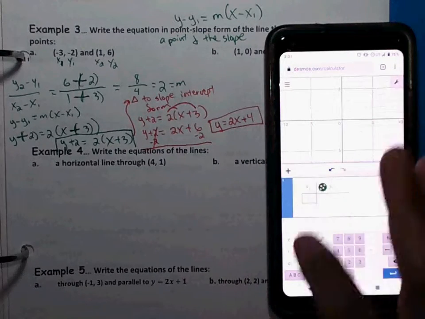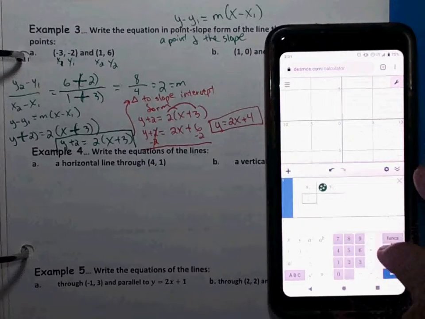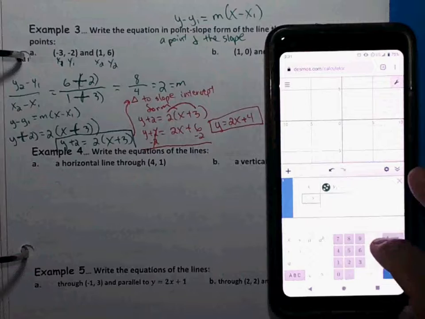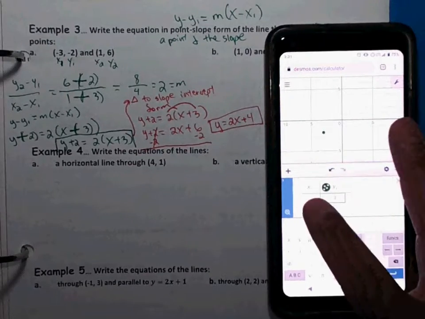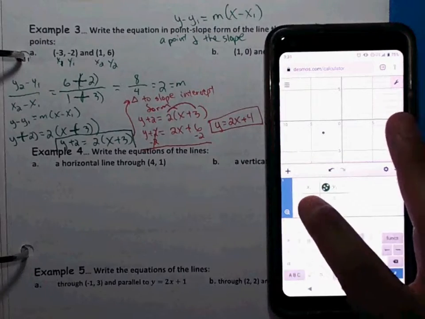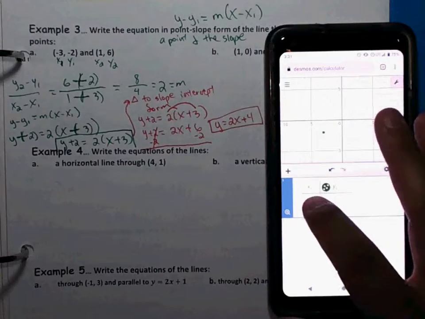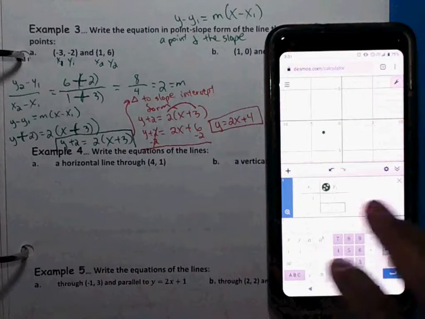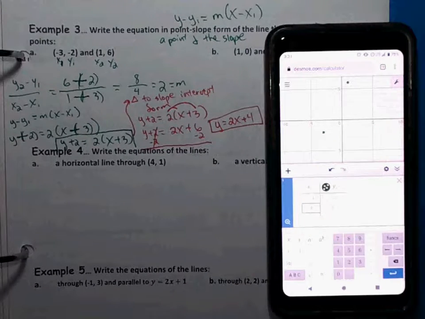If you press the plus symbol, there's an option for a table. And in the table, we're going to type in -3, and then my y value is a -2, and then my second point, which is 1 and 6. So it graphed my 2 points for me.